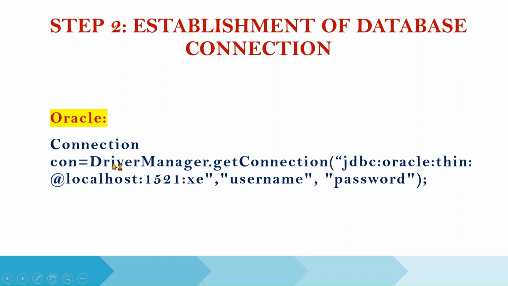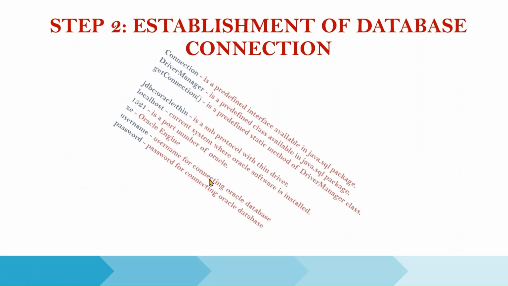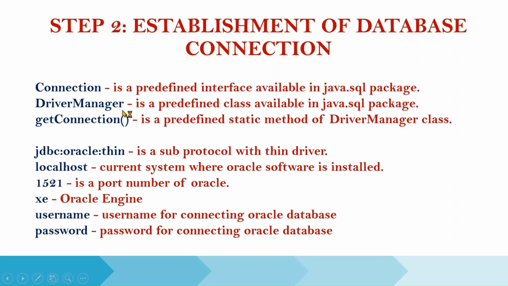So these two, user ID and password, you need to mention, applicable for the Oracle database only. This complete thing goes in one line, and we'll see the description of that. Connection is a predefined interface available in the java.sql package. DriverManager is a predefined class available in the java.sql package. getConnection is a predefined static method of the DriverManager class. jdbc:oracle:thin is a subprotocol with the thin driver, that's a type 4 driver we said.